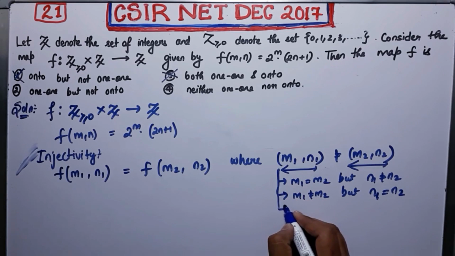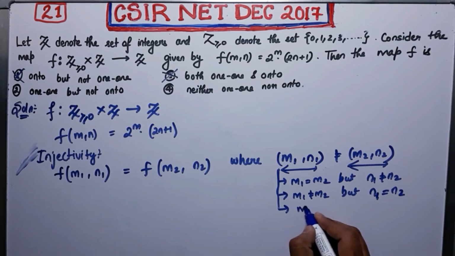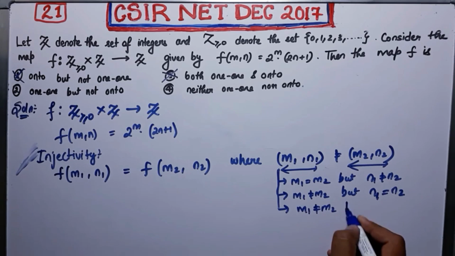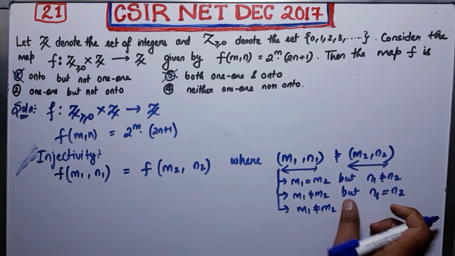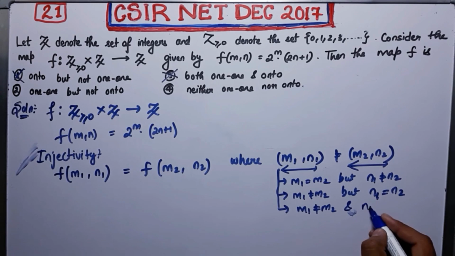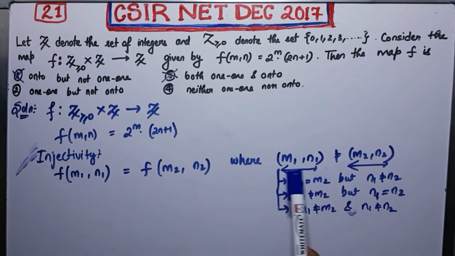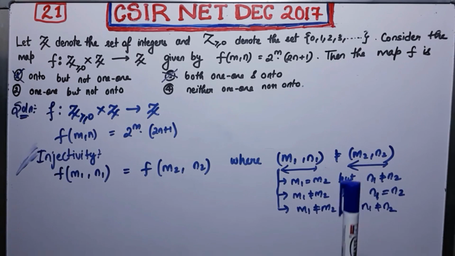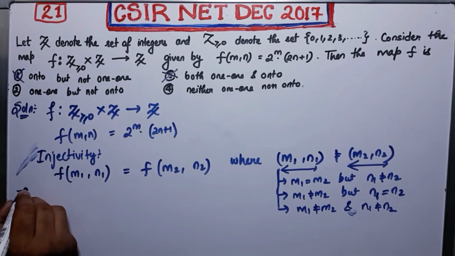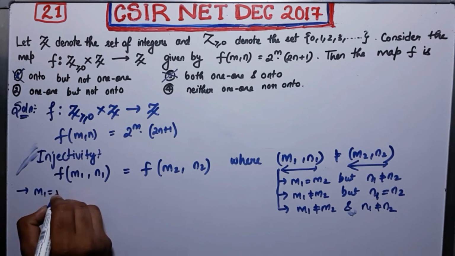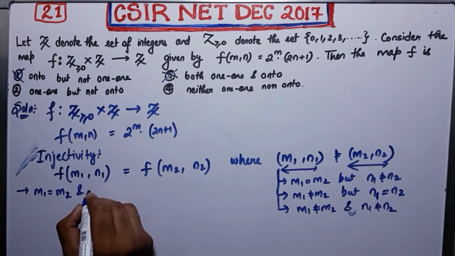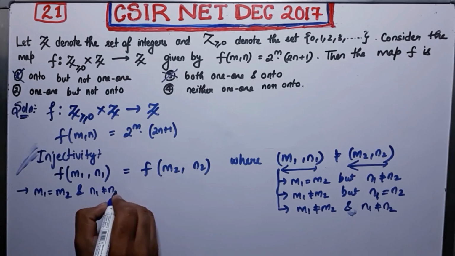Now come to the third one. You can conclude that both are unequal. Not but, I will use and here. You are getting my point or not? This tuple, this coordinate is not equal to this coordinate. That means either this is not equal to this, or this is not equal to this, or both are unequal. These are the three cases that you can generate from here. Okay, now let us take your case number 1. Suppose m1 is equal to m2 and n1 is not equal to n2.